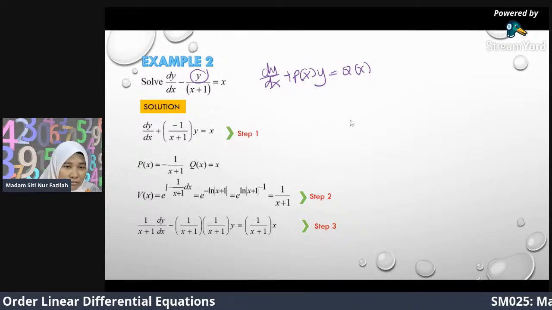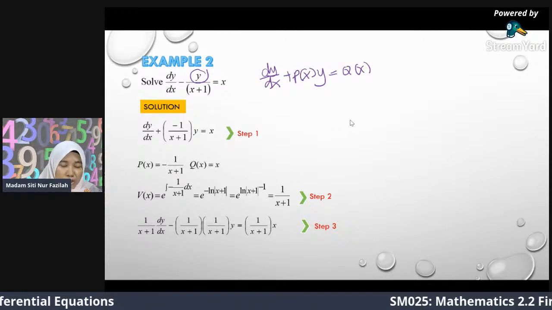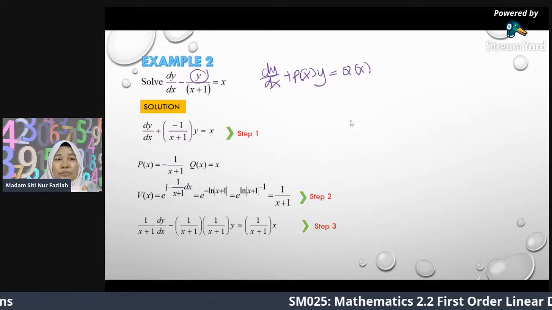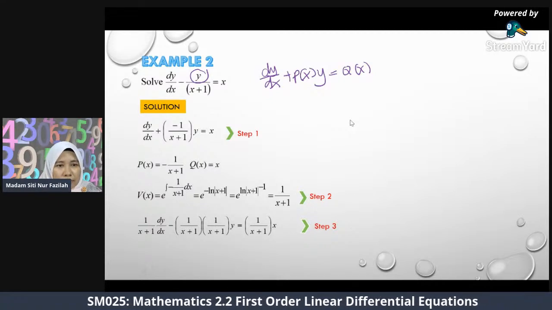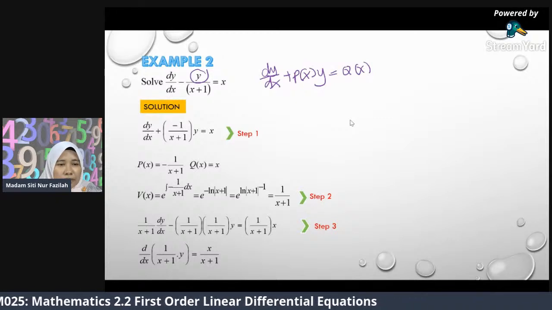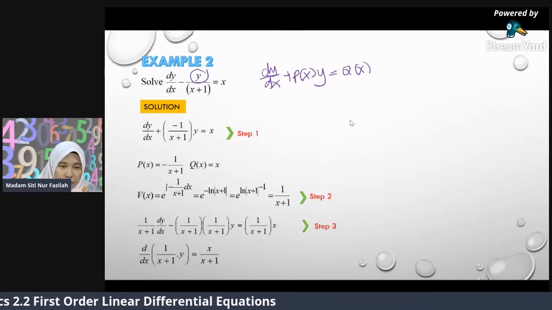Be careful for step 4. We need to rewrite d over dx of Vxy. What is Vx?